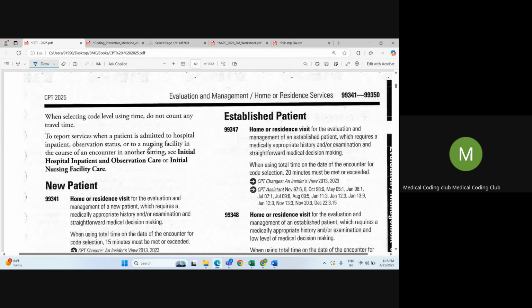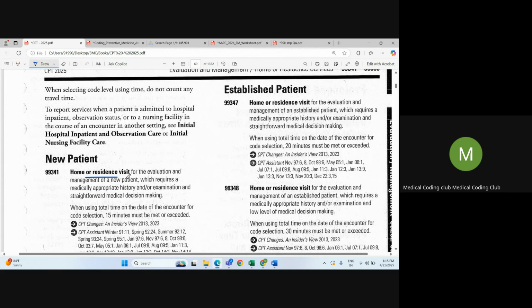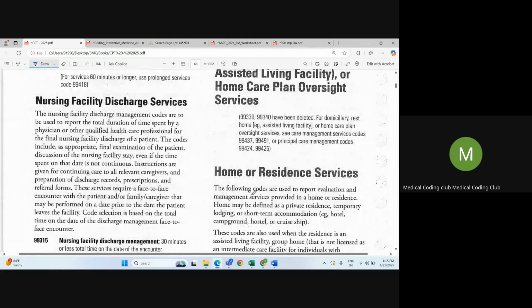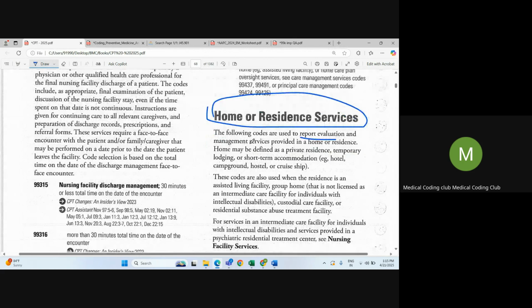This particular thing falls under a home or residence visit. You can also check the coding guideline for this. The following codes are used to report evaluation and management services provided in a home or residence. Home may be defined as a private residence, temporary lodging, or short-term accommodations like a hotel, campground, hostel, and cruise ship.